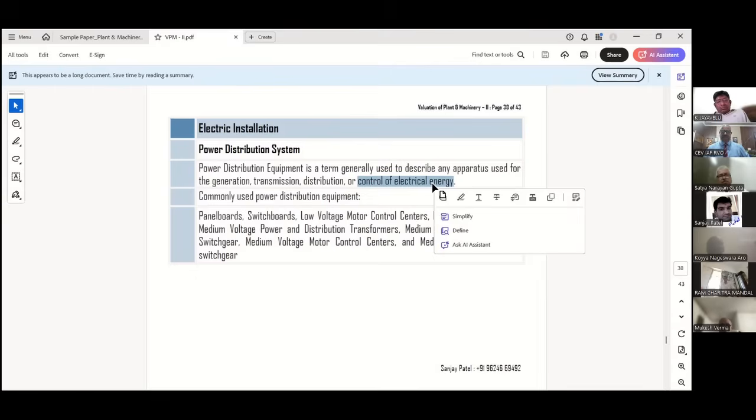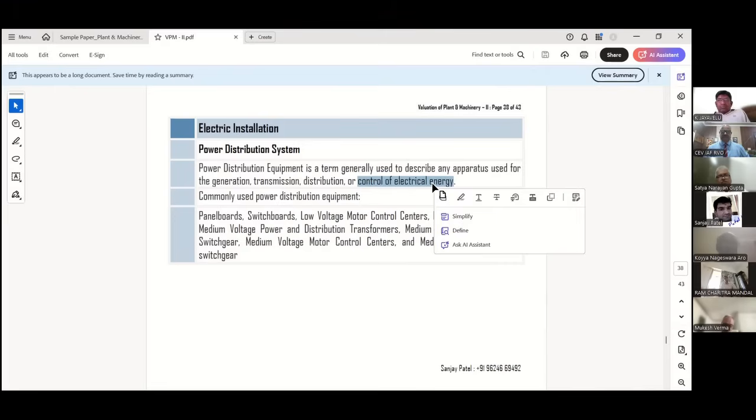So let's assume there is one large scale industry, a cement plant or steel plant. Electrical energy is supplied by the state government. So first, what will be there? Electrical energy supplied by the state government to the cement plant.